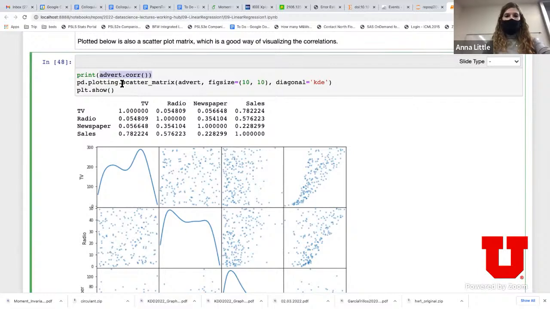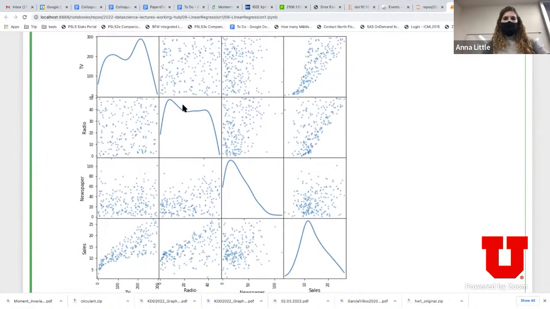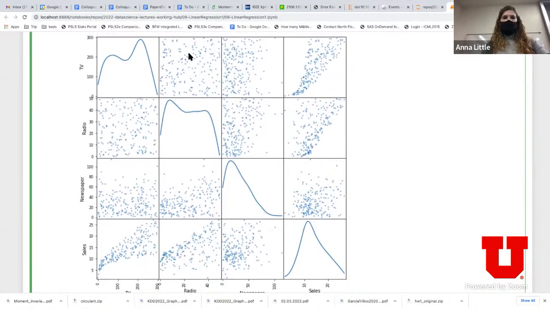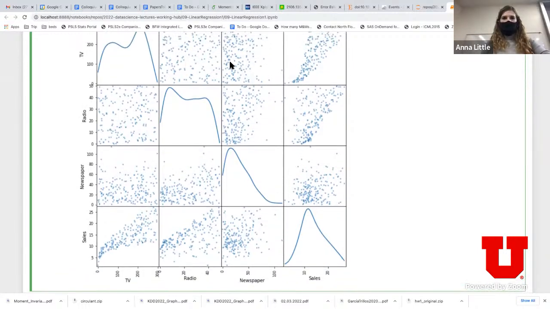And then this little scatter matrix is also helpful. It's doing that same pairwise comparison, right? So this entry right here would show you a scatter plot of TV versus radio. That's really bad correlation. Then here we can see the scatter plot between newspaper and TV.